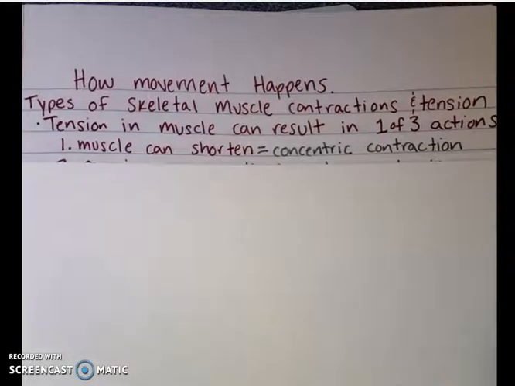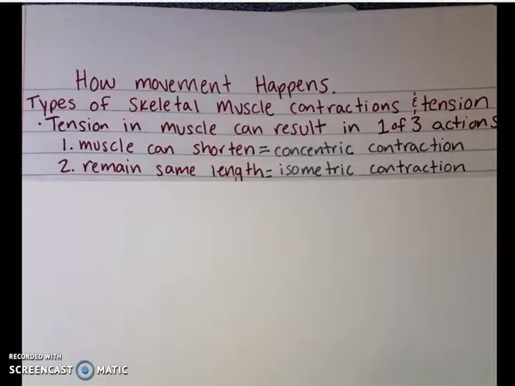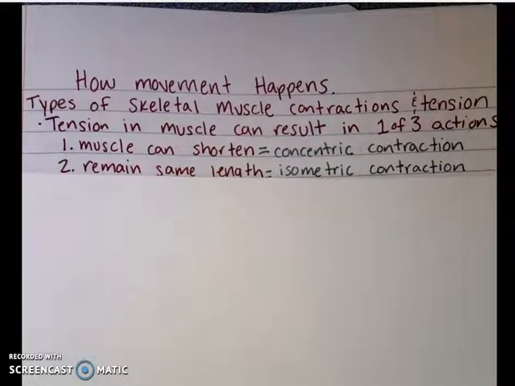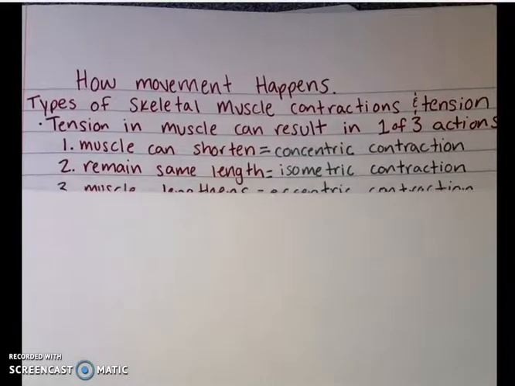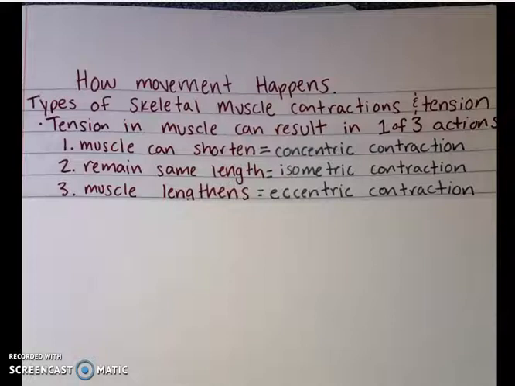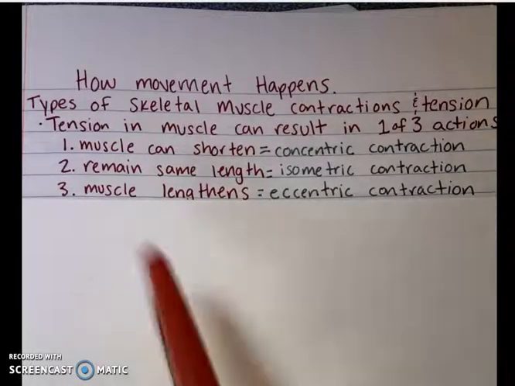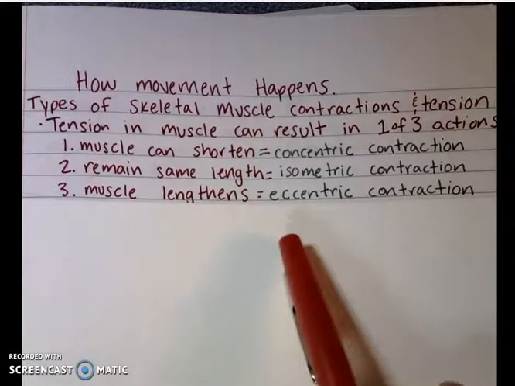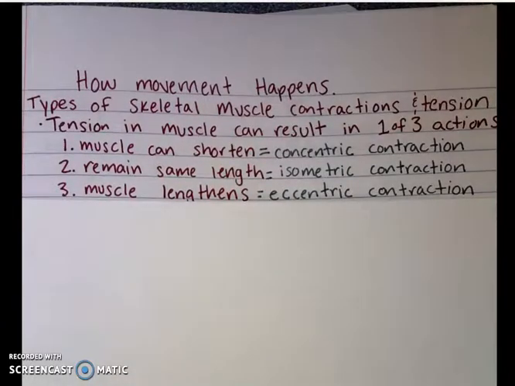The second type of tension, the muscle can actually remain the same length. This is going to be known as an isometric contraction. And then the last type is when there's tension in the muscle, but the muscle is actually going to get longer. And this is known as an eccentric contraction.